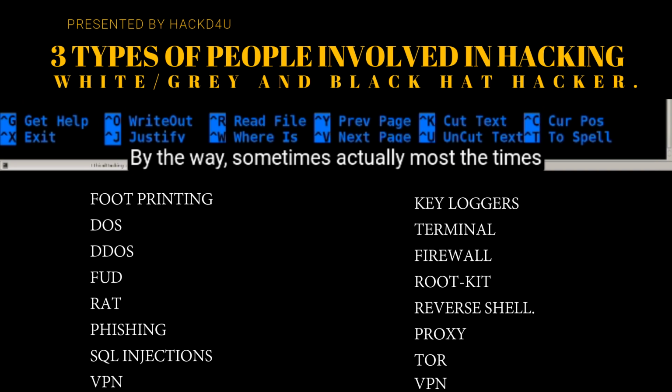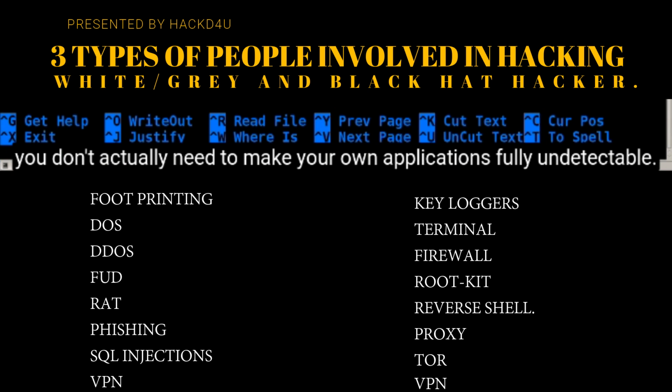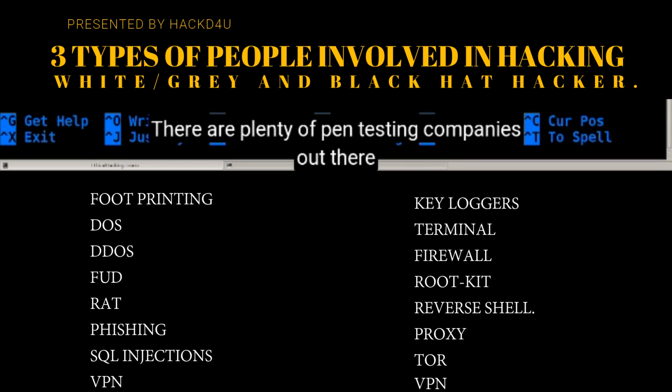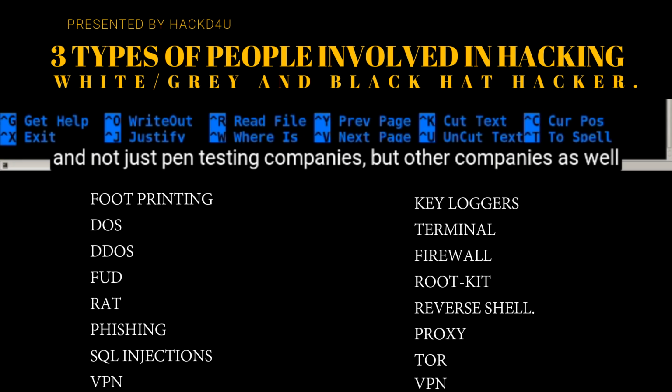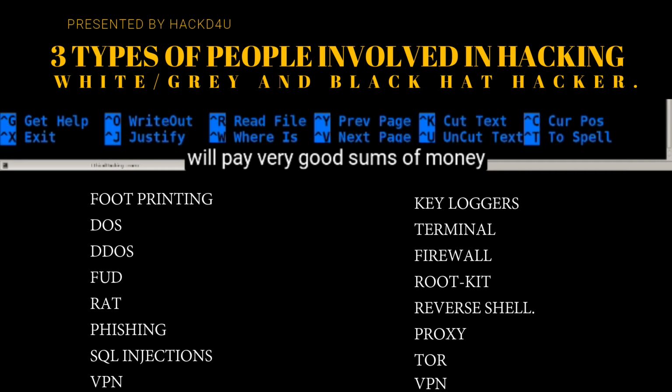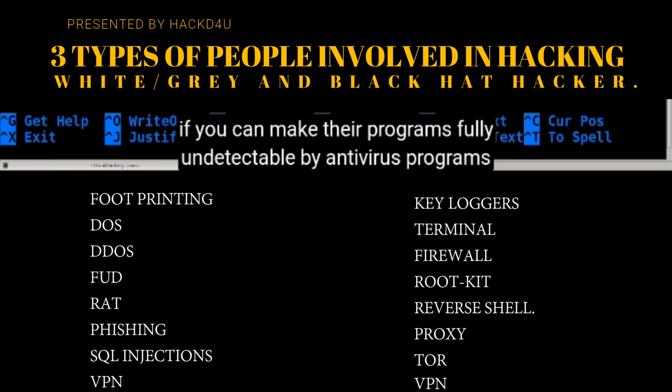And by the way, sometimes, actually most of the time, you don't actually need to make your own applications fully undetectable. There are plenty of pen testing companies out there, and not just pen testing companies, but other companies as well, who will pay very good sums of money if you can make their programs fully undetectable by antivirus programs.